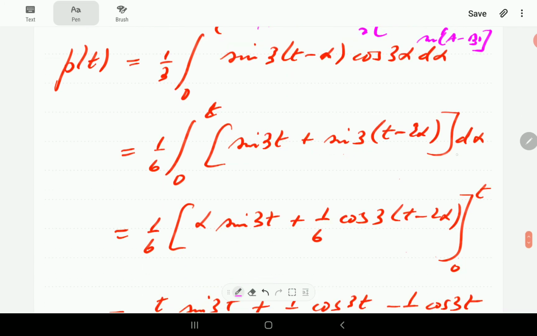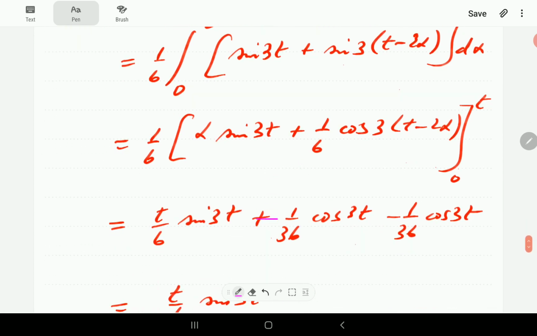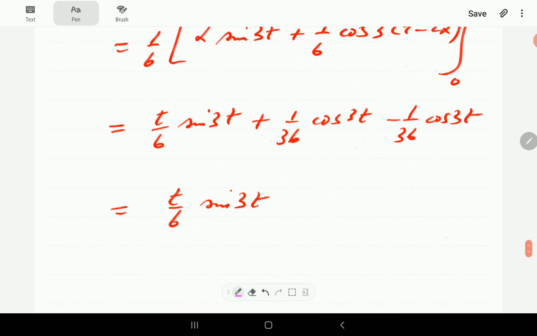So this one doesn't depend on alpha now, so it just integrates to that. This one we're going to have to divide by -6. So this was supposed to be negative, but because this is negative, it becomes positive. We'll plug in the limits, and so the final answer is going to look like this because these two terms cancel out. All right, thank you.